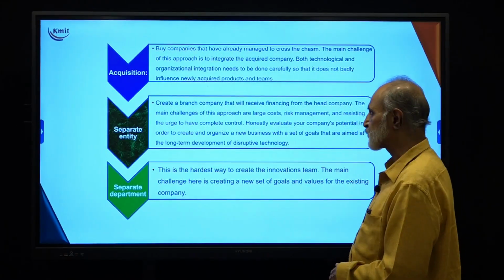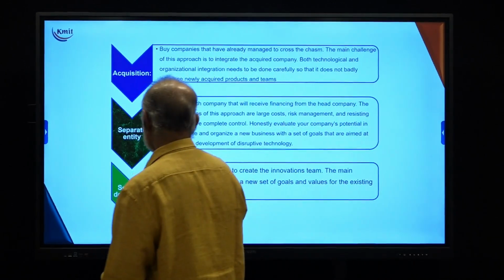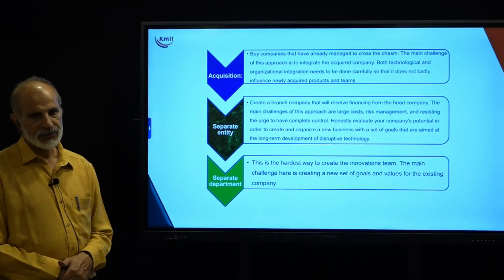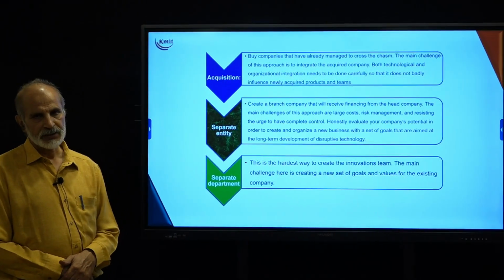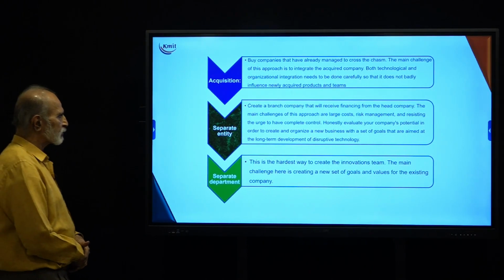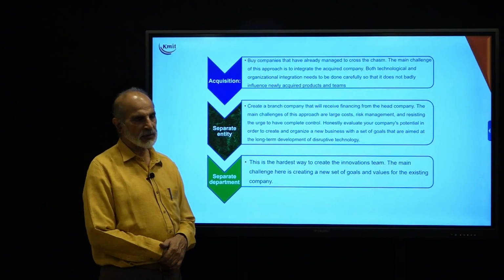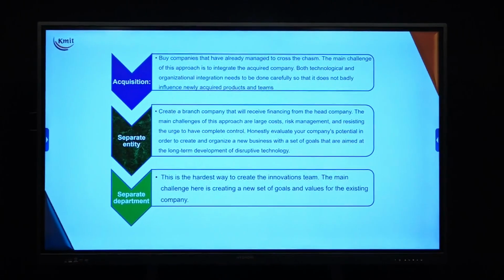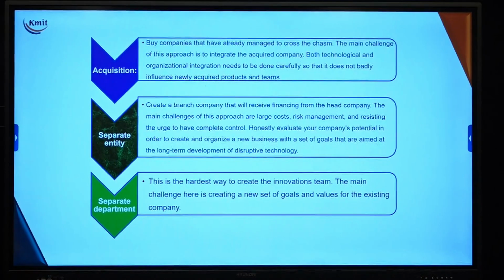So, what is acquisition? You must have heard of a big fish eating a smaller fish, a big company taking over a smaller company. A good example was Sun Microsystems being taken over by the Oracle Corporation. Acquisition is done by companies that have already managed to cross the chasm.